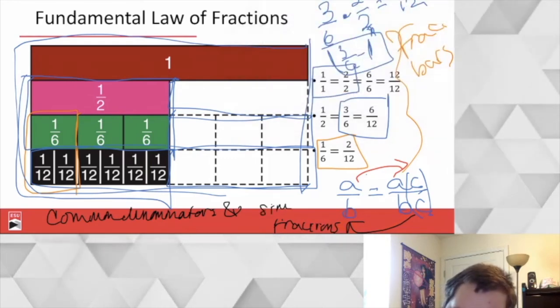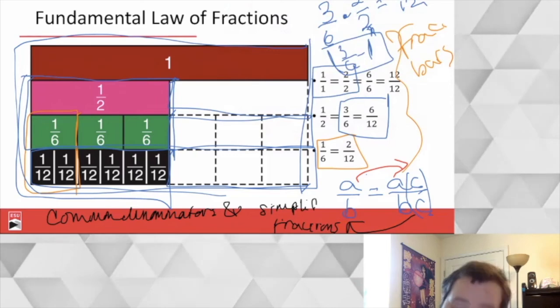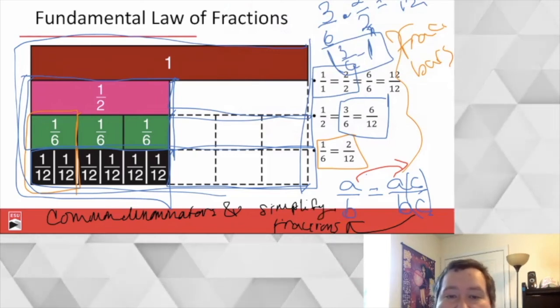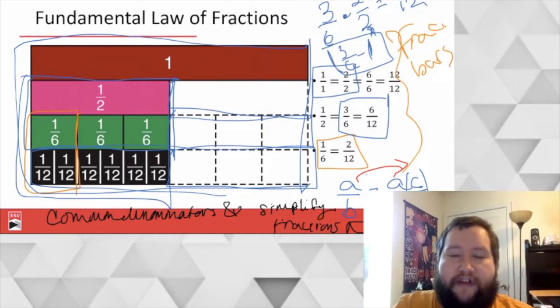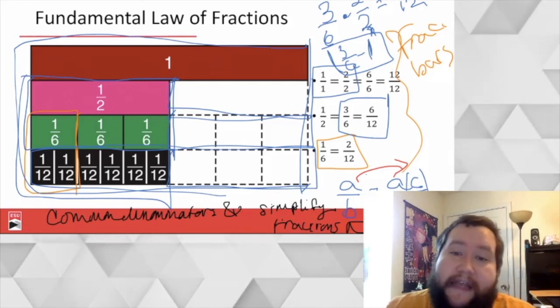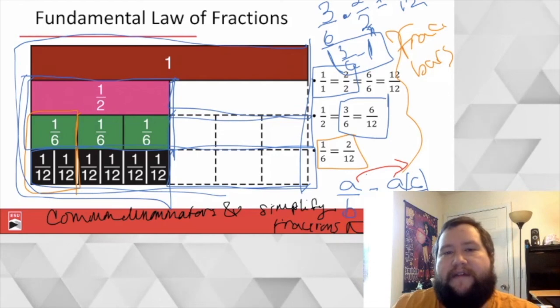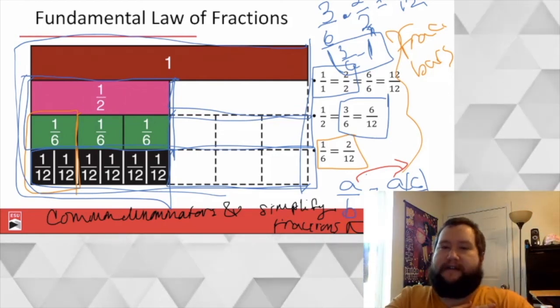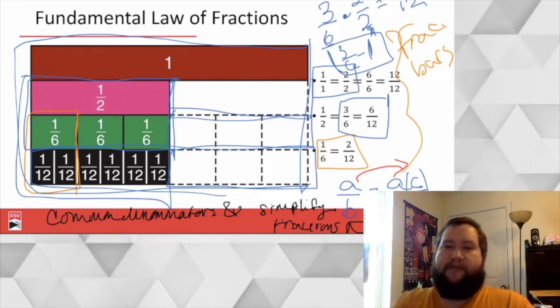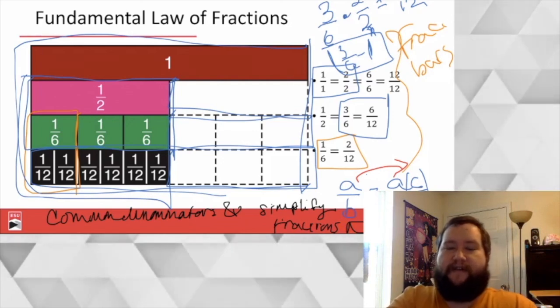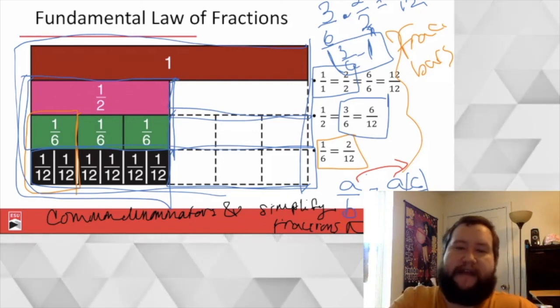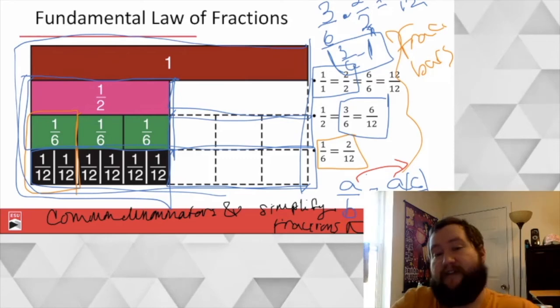When we reduce a fraction, or rather, simplify is what we'll use now. Whenever we simplify a fraction, we don't change its value. We're just giving it a different name. Picture it like if I have a name tag that says Dr. Dubs, and then I put a different name tag on that says Christopher. I'm still me, I just have a different name tag.